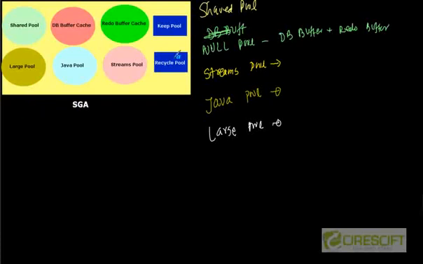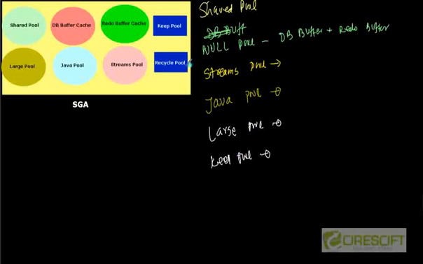Essentially these are the different types of pools. We also have the keep pool and the recycle pool. The keep pool is where you want to keep the data persistent for the life of the database, and the keep pool is basically a part of your DB buffer cache.